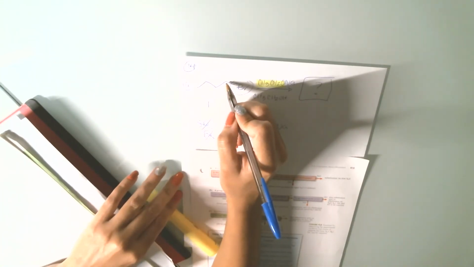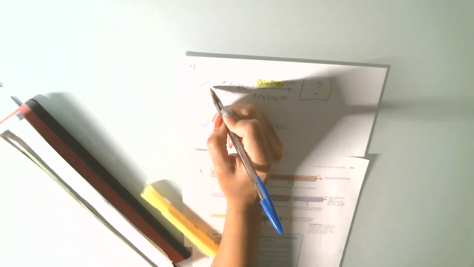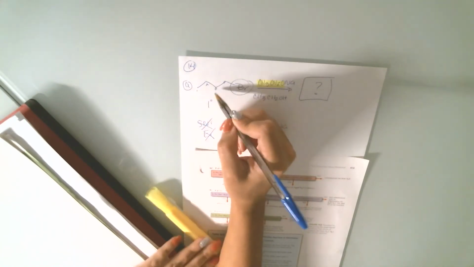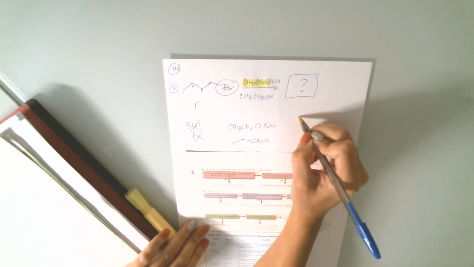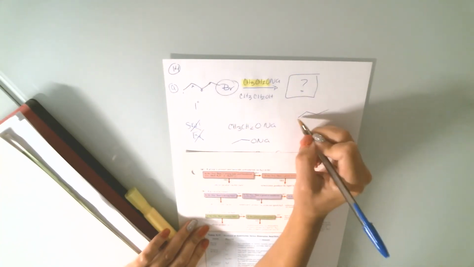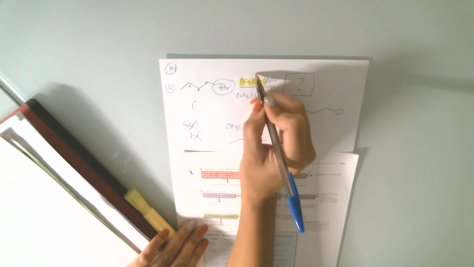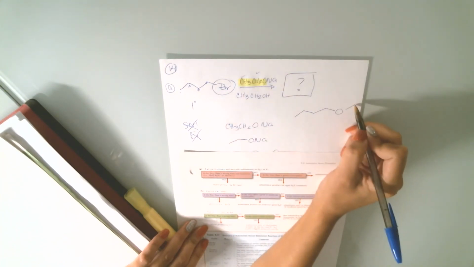You have 1, 2, 3, 4 carbons. So at the end you will have 1, 2, 3, 4, but now you will have oxygen. This oxygen is the oxygen that you have here. How many carbons do you have attached to the oxygen? You have 1 and 2. So this one will be your major product.